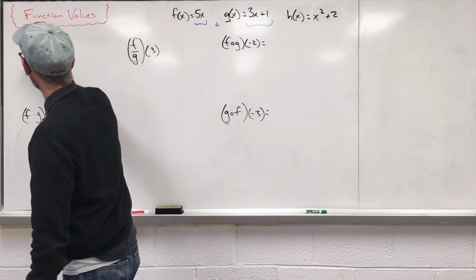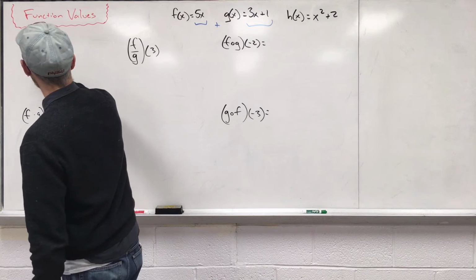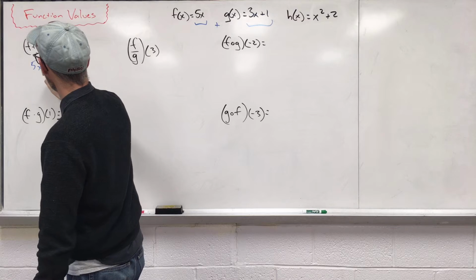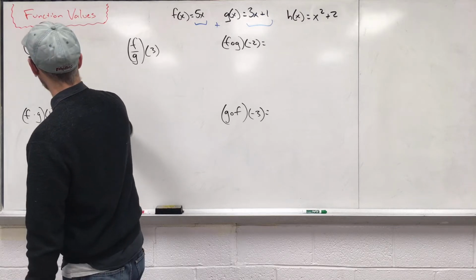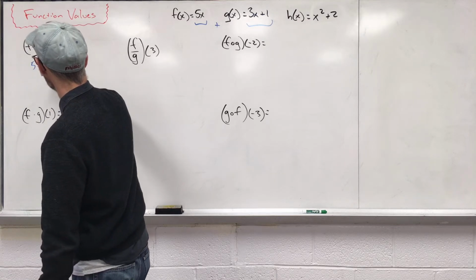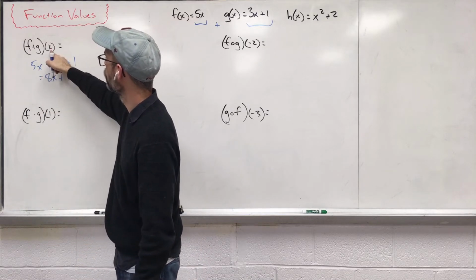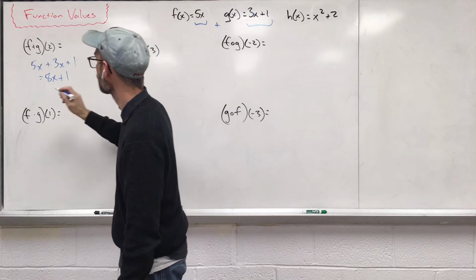So 5x plus 3x plus 1. When I combine them, 8x plus 1. That part wasn't hard, but now I need to substitute a 2 everywhere I see an x.